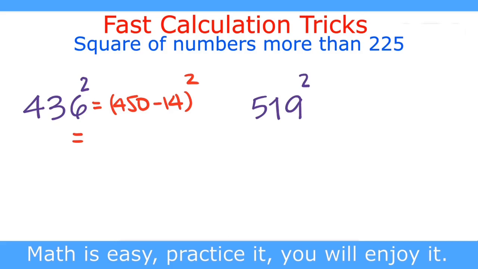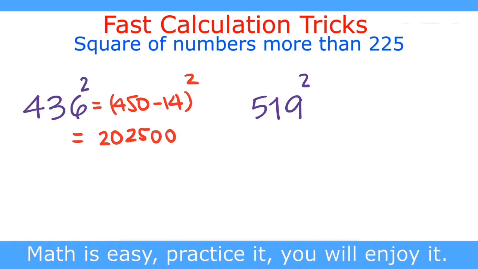So square of 45, the number which ends with 5, we can find their square easily. For 5 we'll write 25 and then we will multiply 4 by 5, which is 20. So the square of 45 is 2025 and we'll put 2 zeros after that for finding the square of 450.